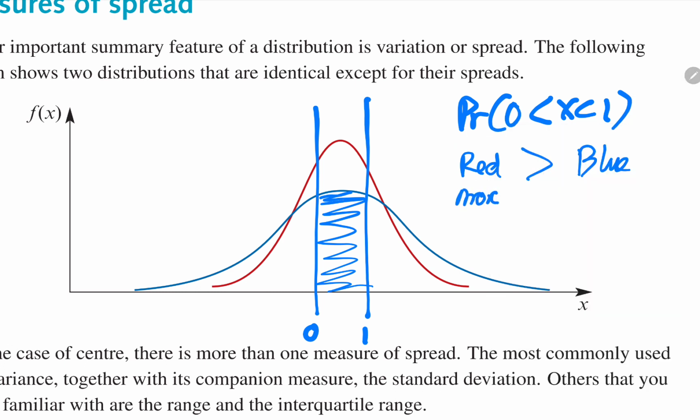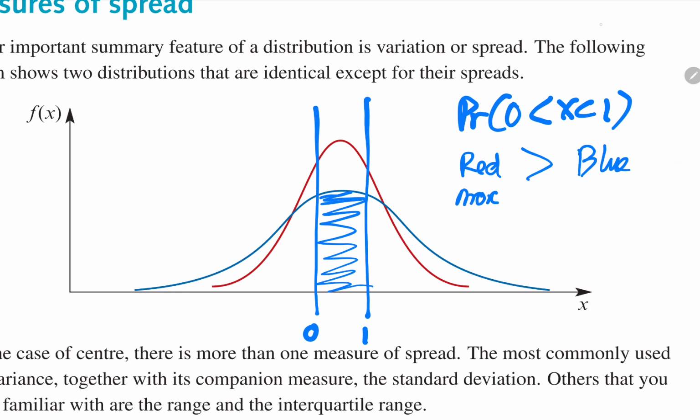If you get a red item, the chance of it falling between 0 and 1 is more than for blue, so it's less spread out. If you have 1,000 items, there are more red items than blue that will fall within the area 0 to 1. So within the same area, a smaller spread would have more values in there.